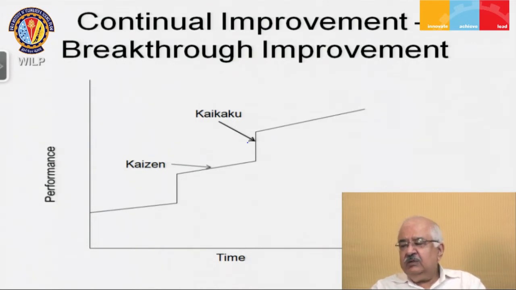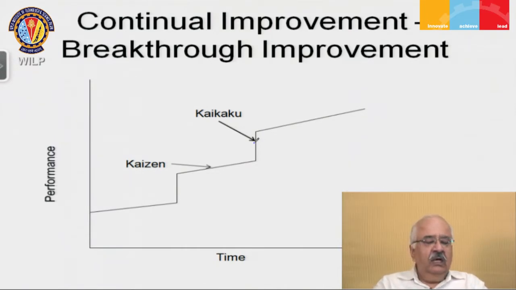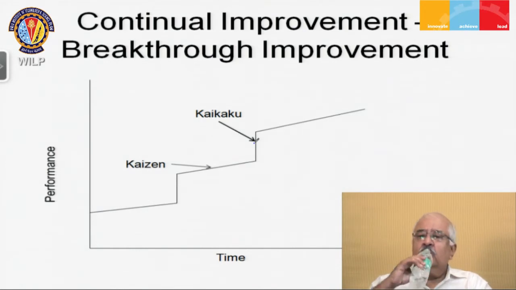The Japanese term for this is typically kaikaku, whereas the slow, small, incremental changes and improvements that are brought about in the system is what is referred to as Kaizen. Some of you might be familiar with the term Kaizen, but Kaikaku is generally one that is slightly less well known.